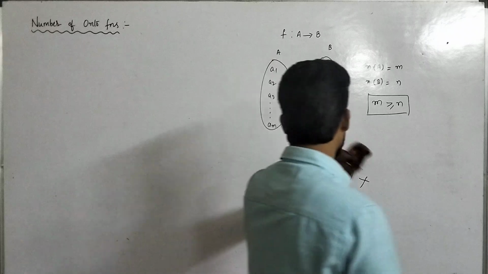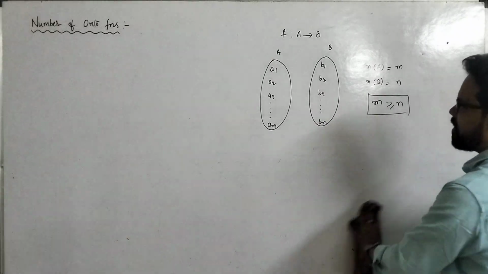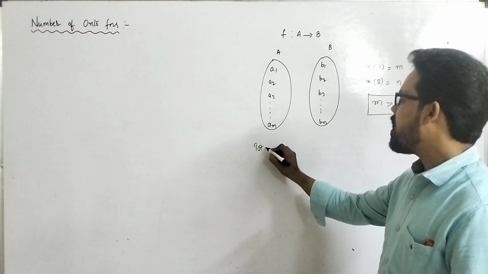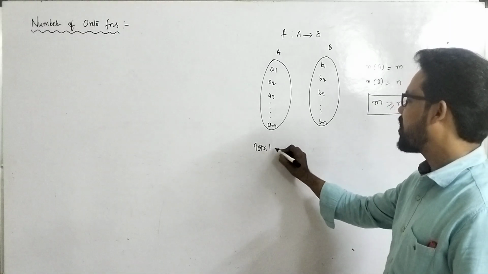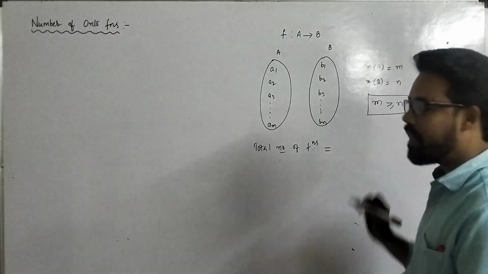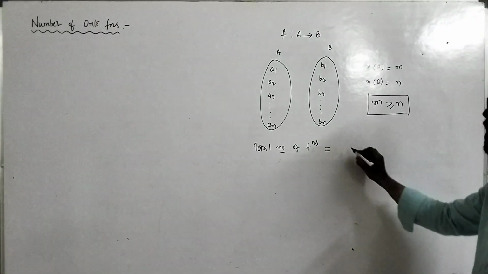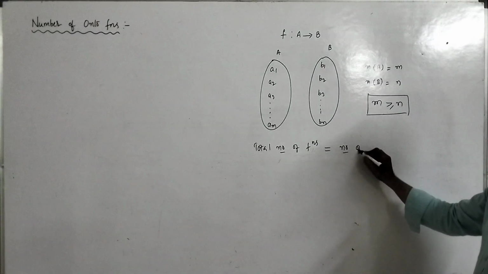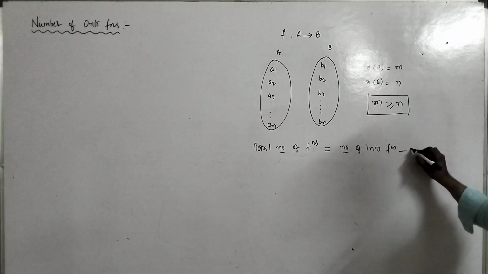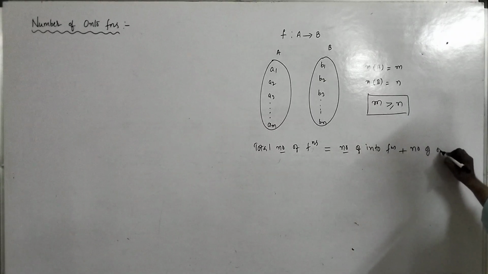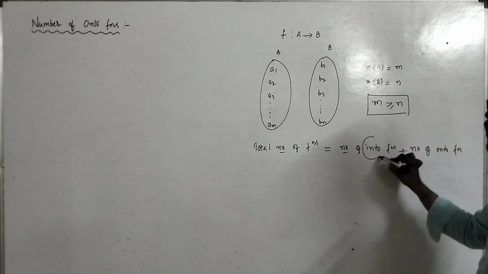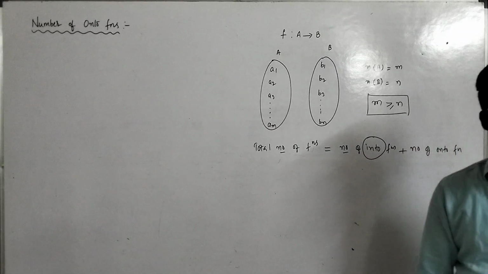Now, my dear students, here the total number of functions is nothing but the number of into functions plus the number of onto functions. Now again a new word came. What is an into function?